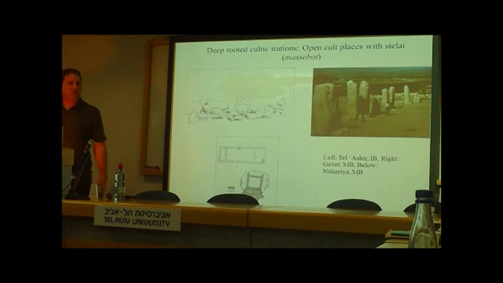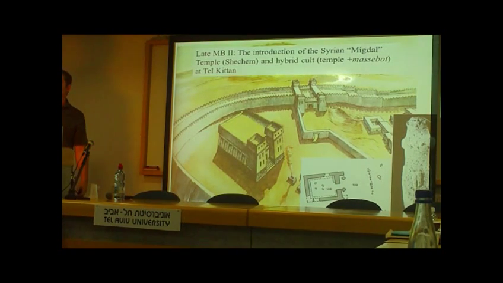Deep-rooted Canaanite traditions, I'll go over it very fast. There are Canaanite themes in Canaanite traditions: the open cult places with stelae that begin at least in the Intermediate Bronze Age and go into the Middle Bronze Age, and upon which, in the later part of the Middle Bronze Age, there is this thin veneer of Syrian cult, or a thin veneer with big cultic structures, when the stelae are supplemented or replaced by the Migdal temple, this heavy Syrian temple with Mesopotamian origin from the late 3rd millennium.